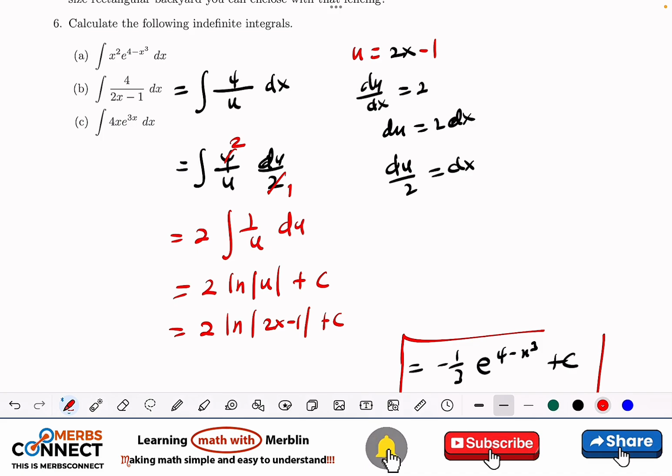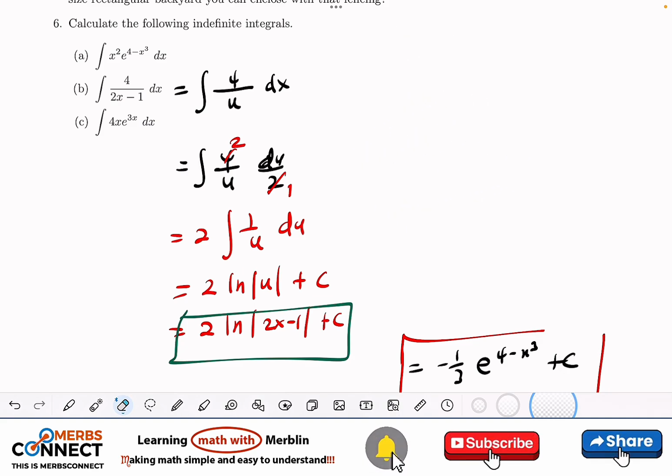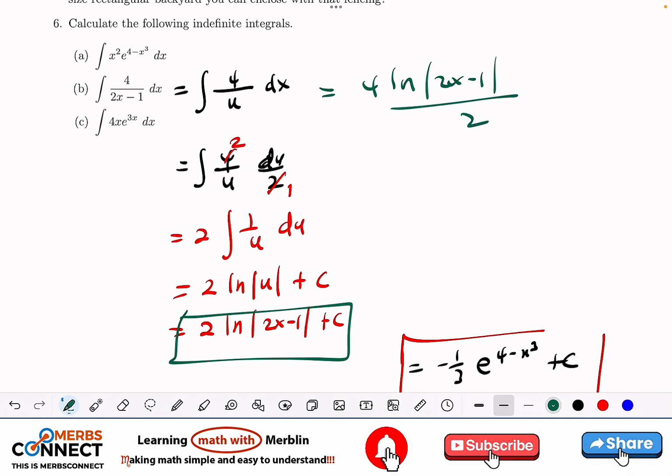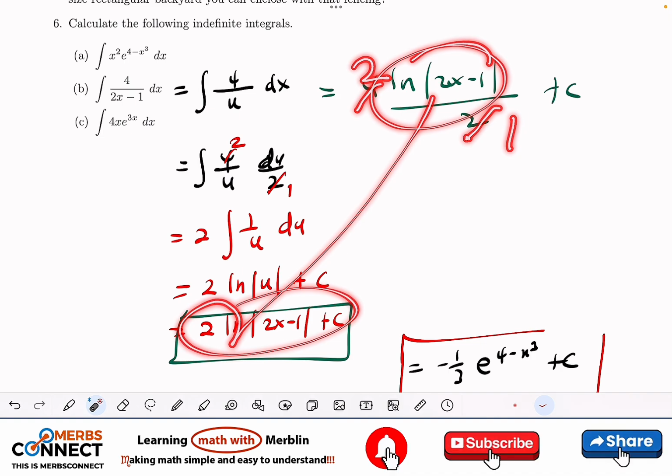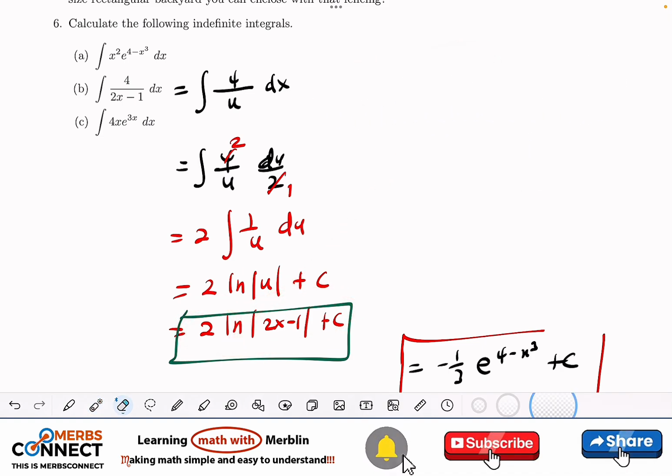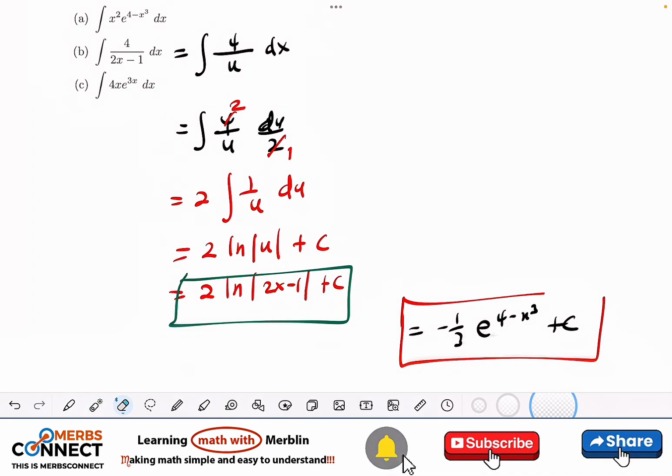So you see that this one was the same as the result that I wrote first. So I said this is the same as 4 natural log of 2x minus 1 divided by 2, right? Let's see. So if 2 cancel itself, 1 cancel here, 2. This is the same as what is here. So we have a shortcut to go through. So this is what you're going to get.